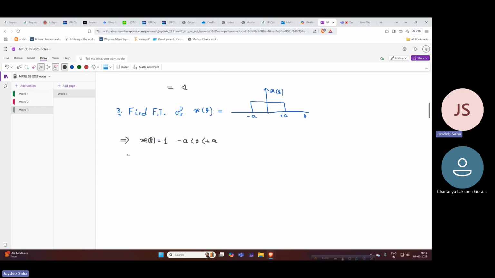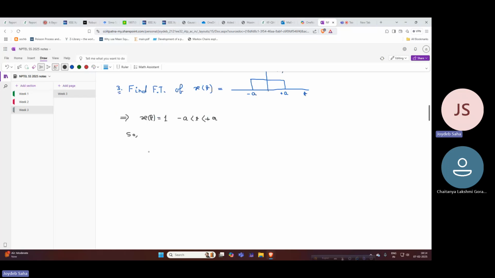Okay, so from the definition we can find X(omega) is the integral from minus infinity to plus infinity of x(t) e to the power minus j omega t dt.